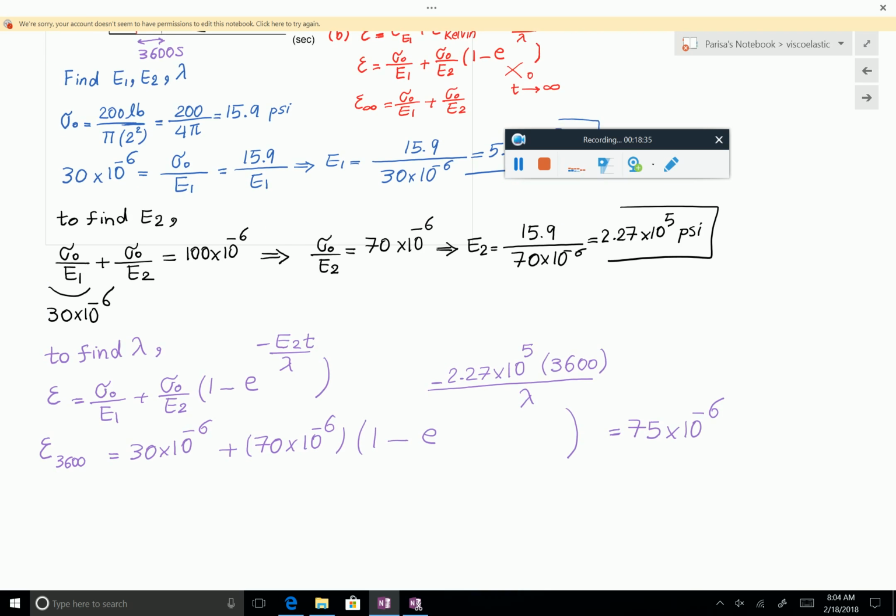Okay, perfect. So now we need to solve for lambda. I simplify this a little bit. 75 minus 30 is 45.